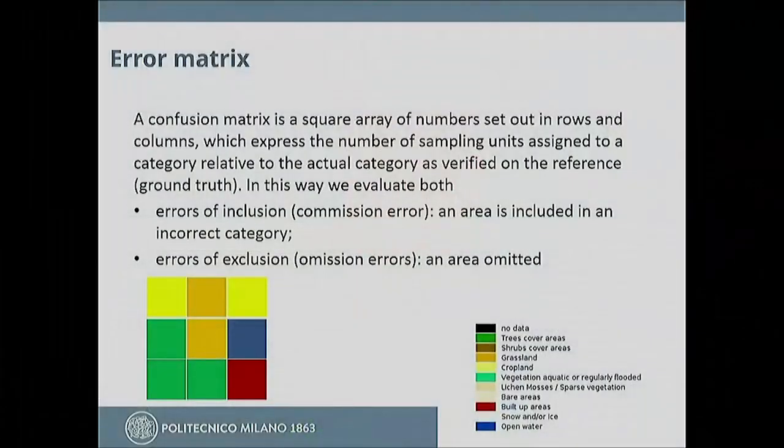Okay, let us say something about what the error matrix is. So now we know how to sample the surface. Let us build the error matrix. In building the error matrix, we have to consider two different quantities.